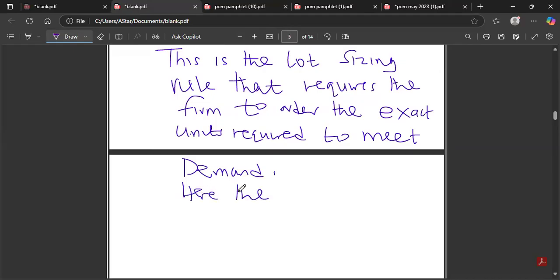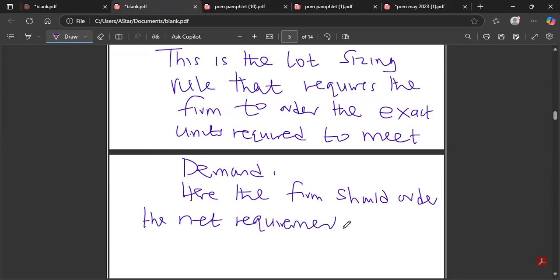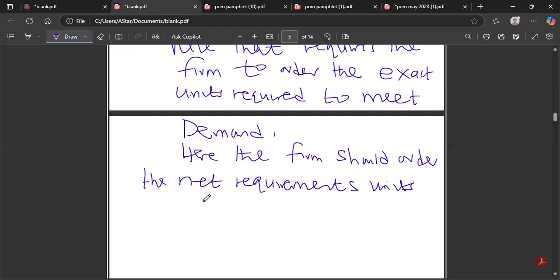Here, the firm should order the net requirement units. The firm should not order more than what is required.